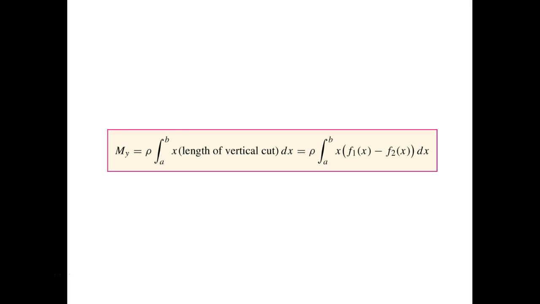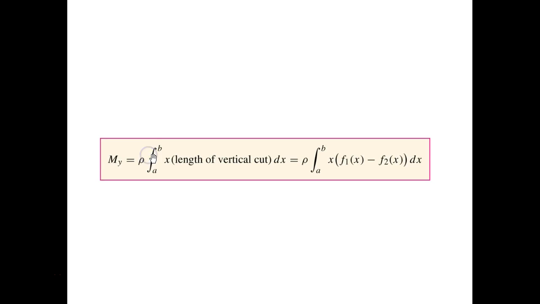In other words, your x distance, your density, and again, in the new edition, this is delta, not rho. Yeah, this is delta. Or rho, whichever you're happy with, that's fine. It's the integral from a to b over your x at the length of the vertical cut, which is the difference between F1 and F2.